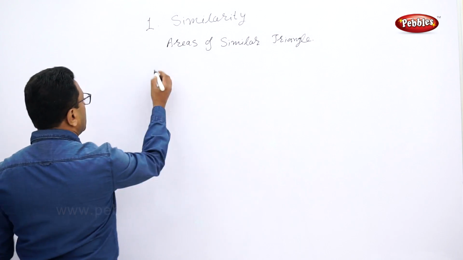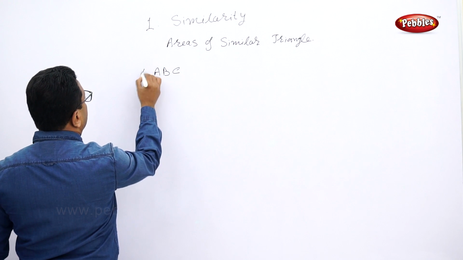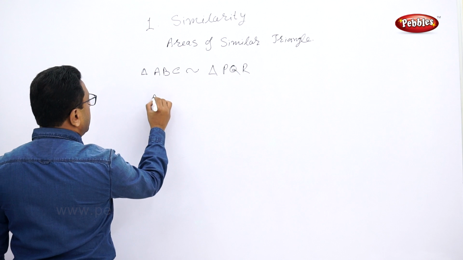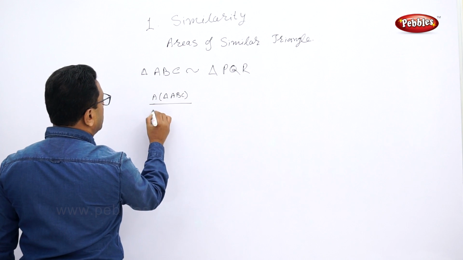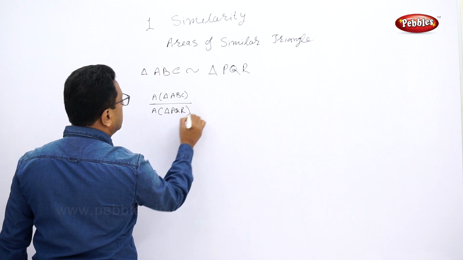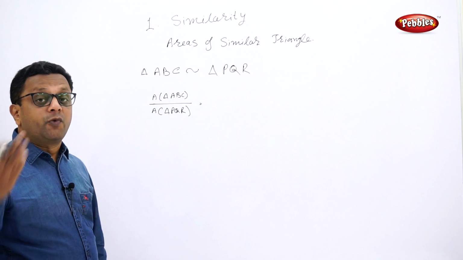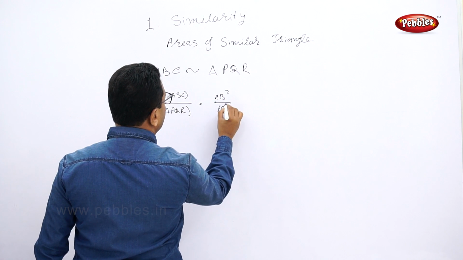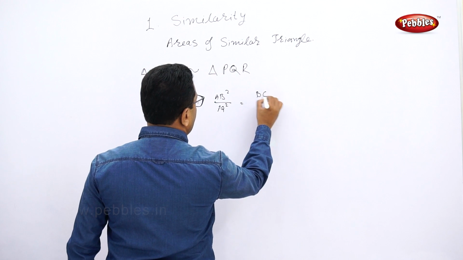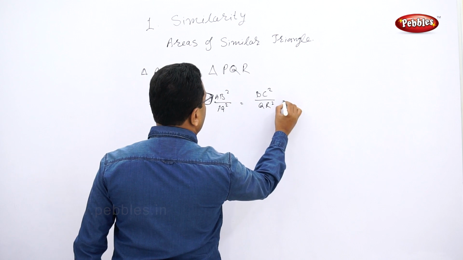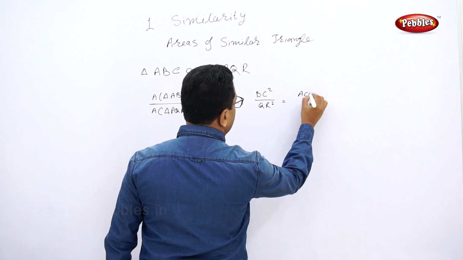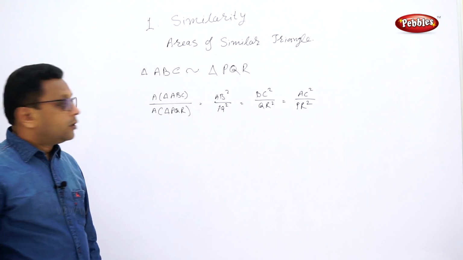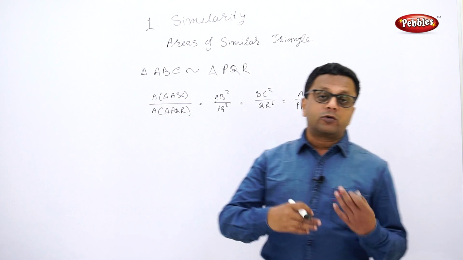For example, if triangle ABC is similar to triangle PQR, then the area of triangle ABC upon area of triangle PQR is equal to the ratio of squares of the corresponding sides, that is AB square upon PQ square is equal to BC square upon QR square is equal to AC square upon PR square. This is the theorem.